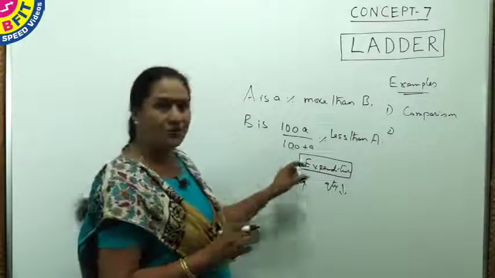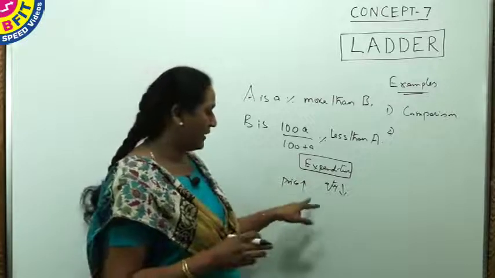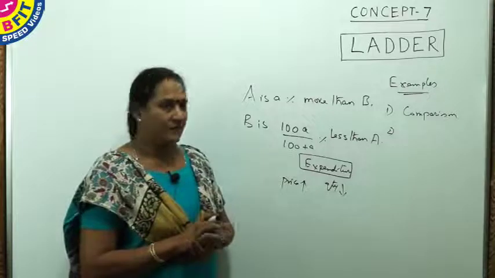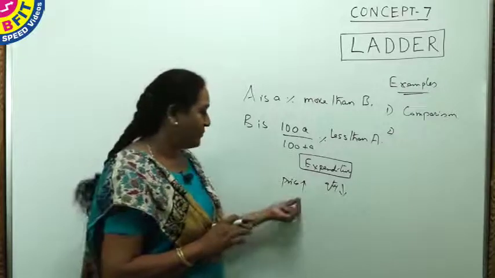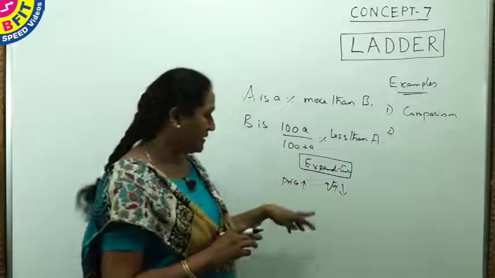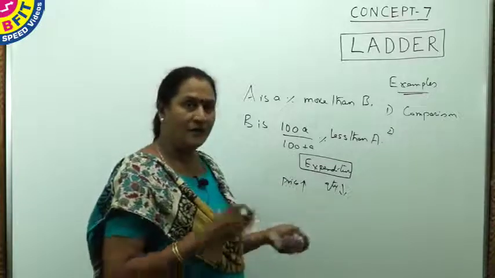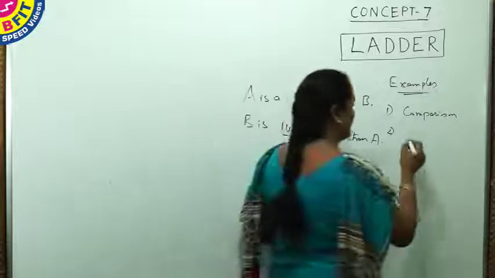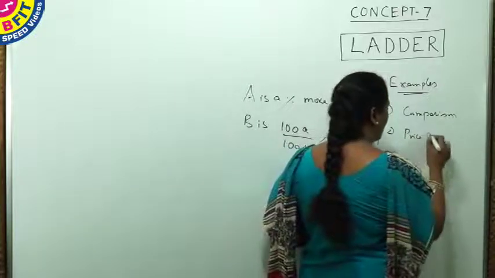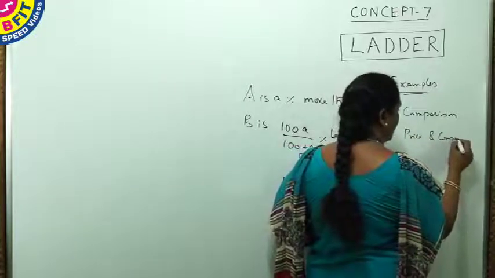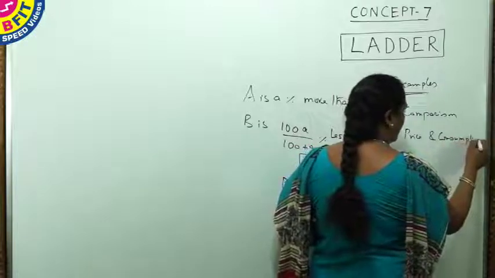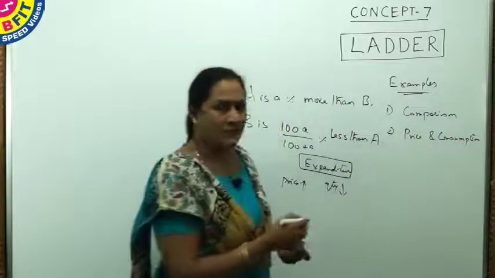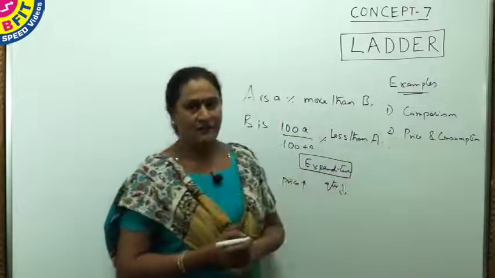So one factor should be constant, and the other two factors will vary inversely. To maintain the expenditure, when price increases, by what percent should the consumption, or the quantity we buy, be decreased, or vice versa. So price and consumption. To maintain the expenditure, these two factors will vary inversely.